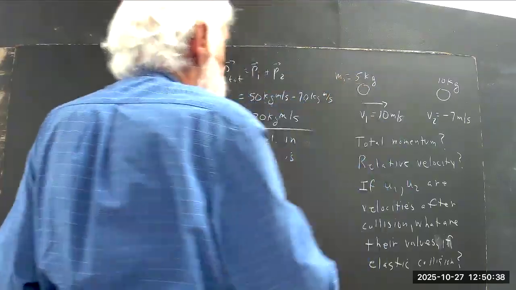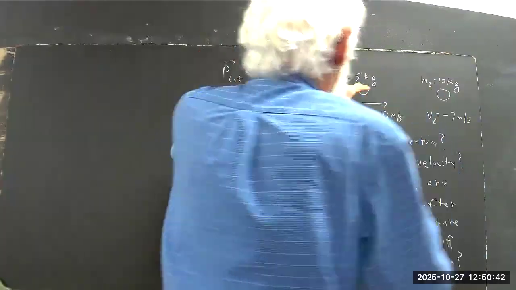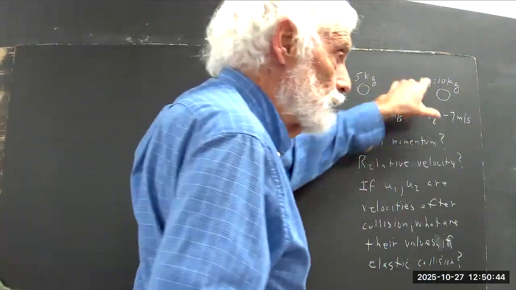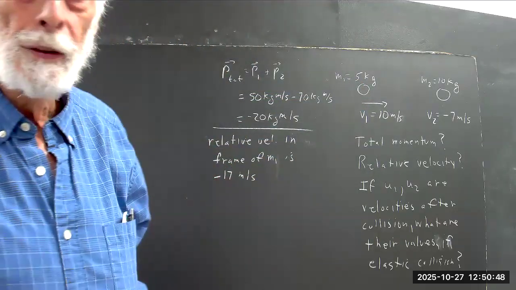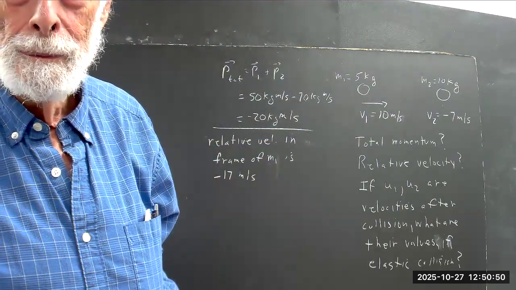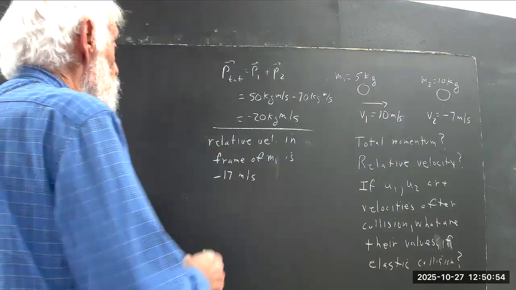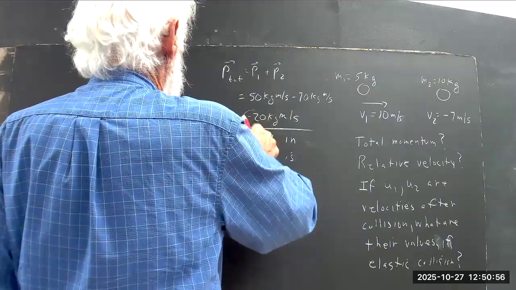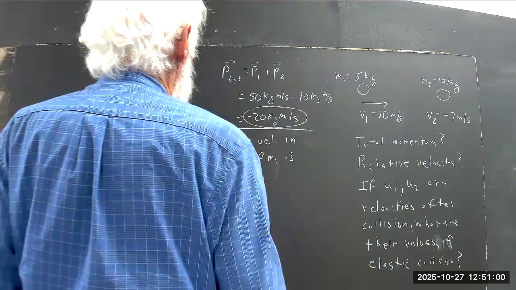Let's be clear what I mean by mass 1. This is mass 1, this is mass 2. In the frame of reference of this mass, the relative velocity is -17 meters per second. So we have the total momentum and the relative velocity before collision.